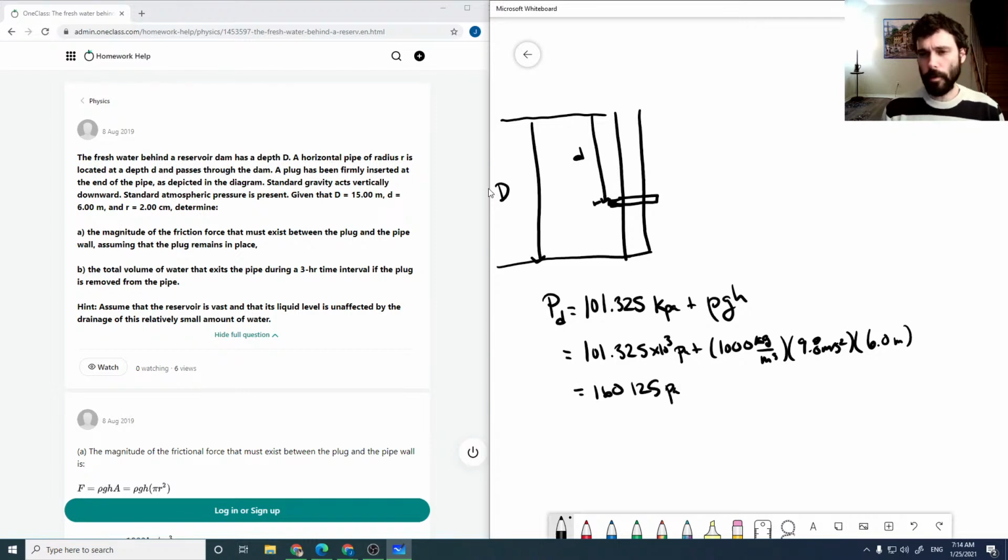So that's our pressure at that depth from this side of the dam, but there's also a pressure from the other side of the dam, which is just atmospheric pressure.